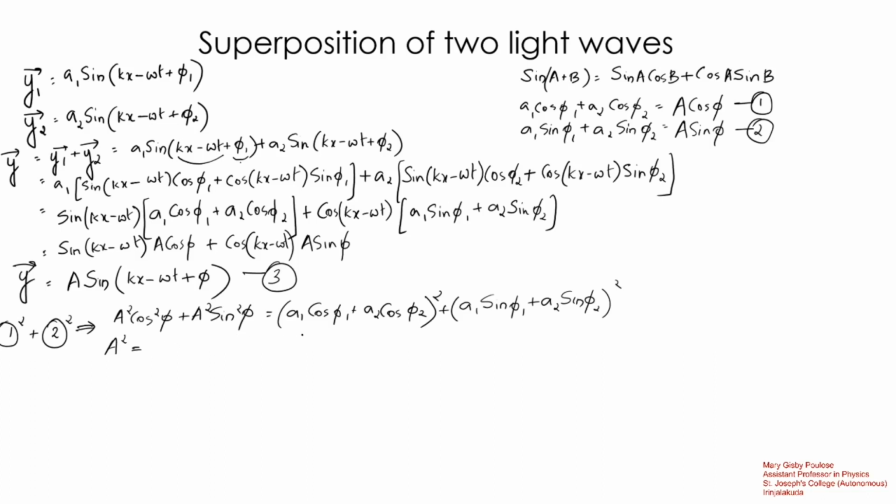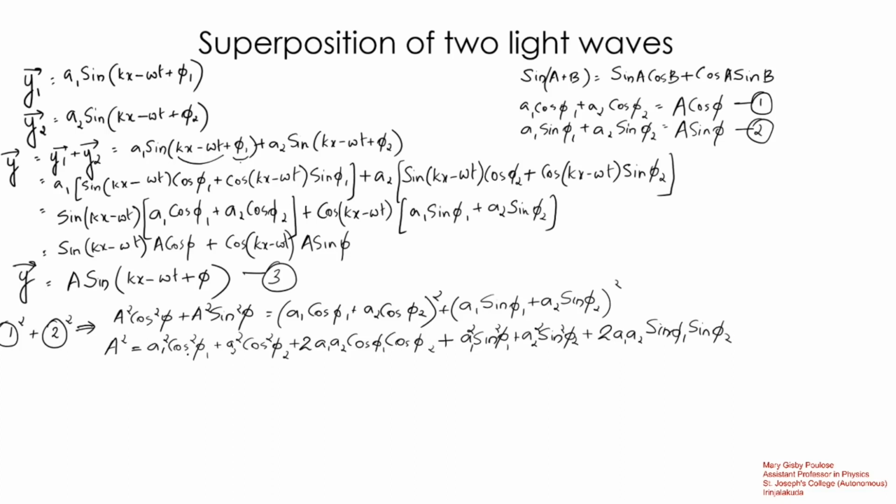So I can write A square is equal to, expanding the other terms on the right side, I get A1 square cos square phi 1 plus A2 square cos square phi 2 plus 2 A1 A2 cos phi 1 cos phi 2 plus A1 square sin square phi 1 plus A2 square sin square phi 2 plus 2 A1 A2 sin phi 1 sin phi 2.